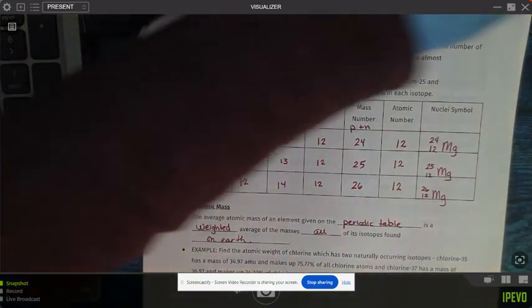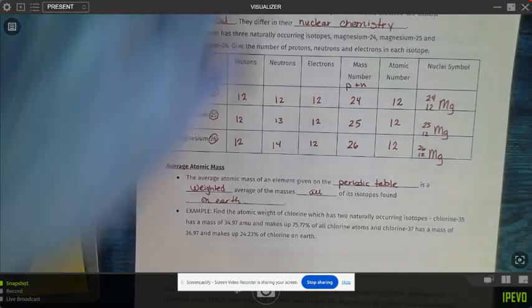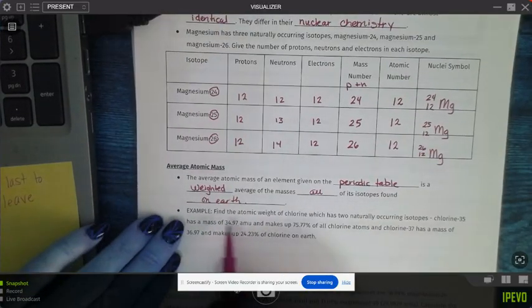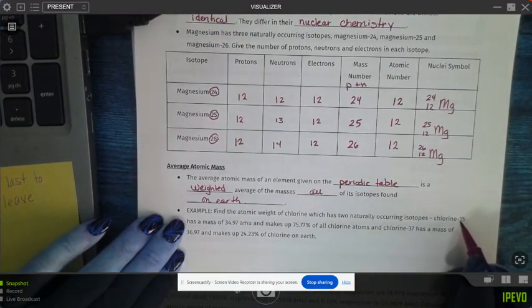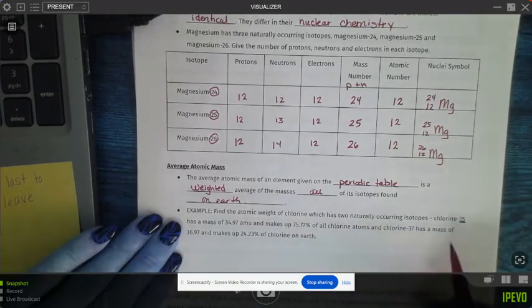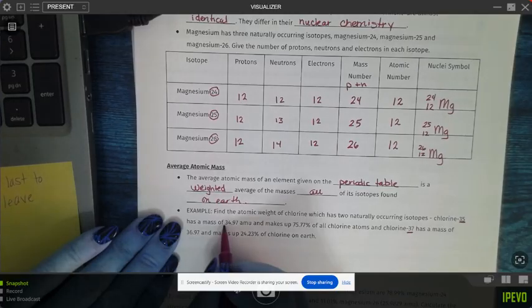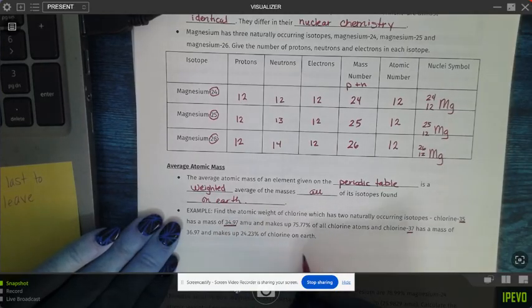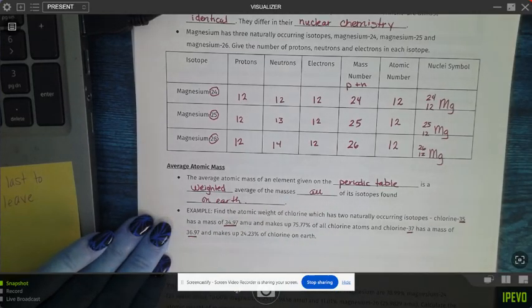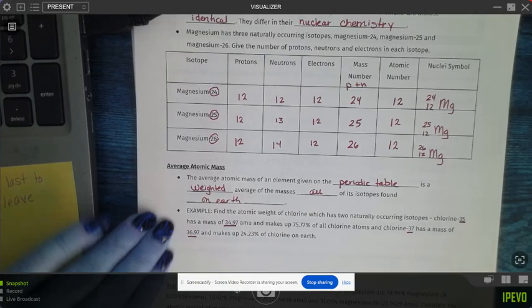When we calculate, we will look at a problem, and sometimes you would use the mass number, but other times we'll give you an exact mass. And in this case, we give you an exact mass, okay?